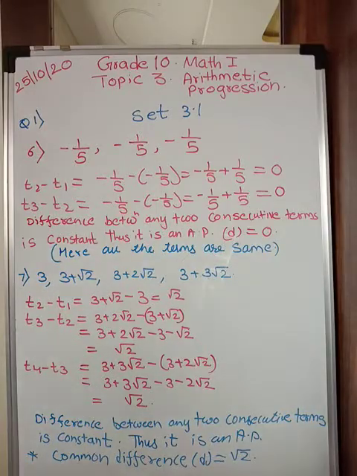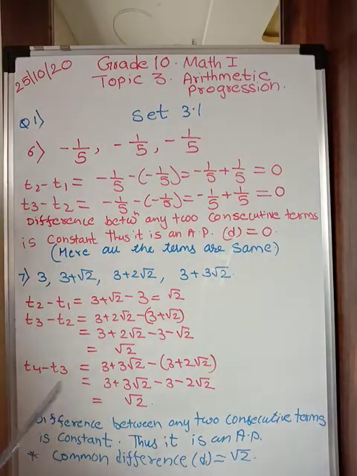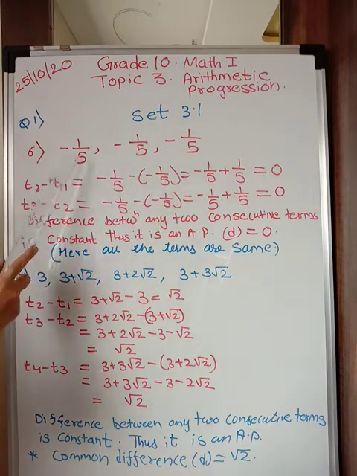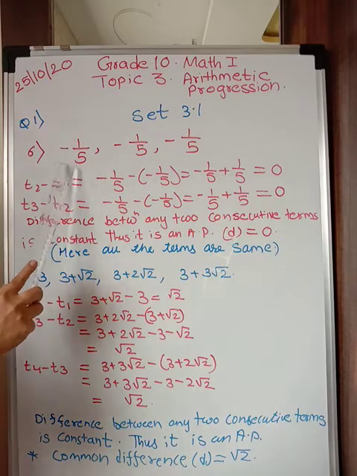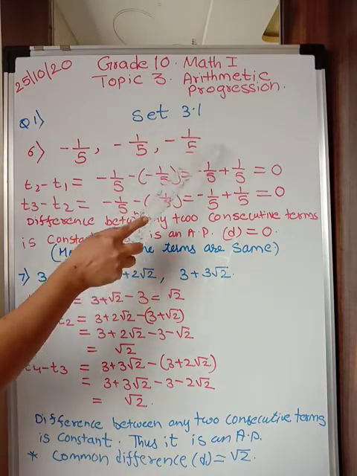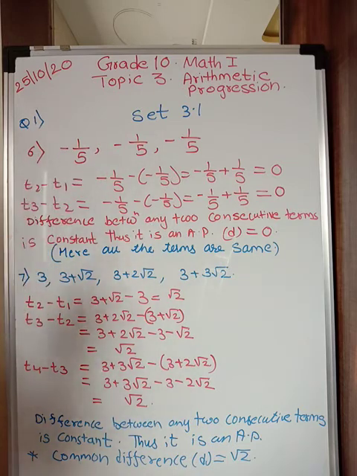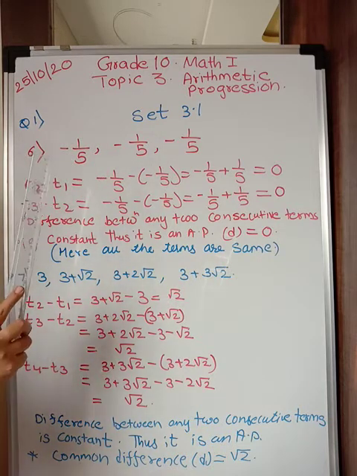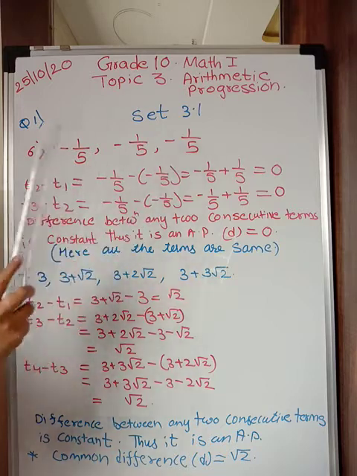Let's go to problem number 6 and 7. This is the sequence in the 6th problem where all the numbers are the same: minus 1 by 5, minus 1 by 5, minus 1 by 5. That means in this sequence only the same number is over here.